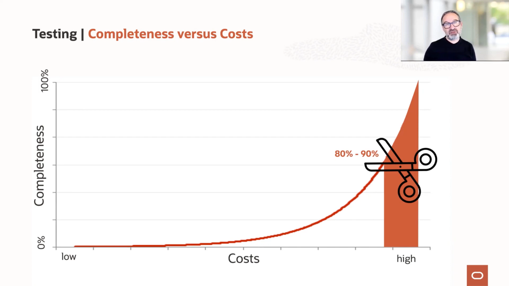But to reach the final 20 or 10%, you will put in the same amount of effort, the same resources, the same costs as you already put into the project to reach 80 or 90%. So test completeness, I wouldn't go for that. There's always a little bit of risk involved. And today's seminar is really meant to show you that you can deal with this. We go to 80%, and still if something fails, we have the right things in place to fix that once we went live.